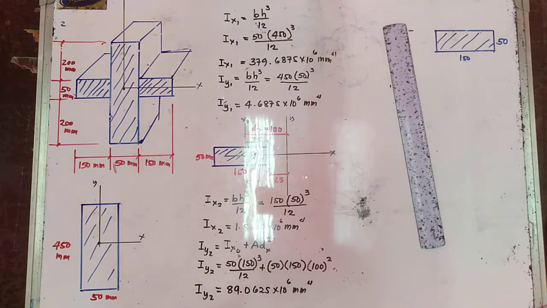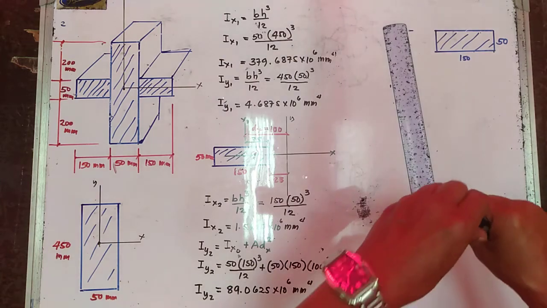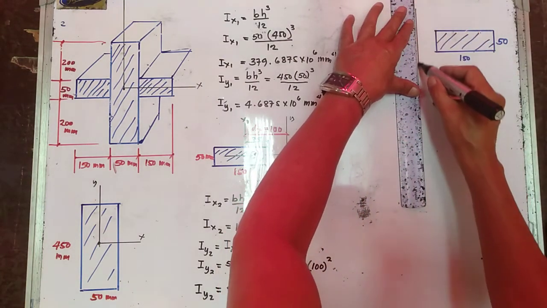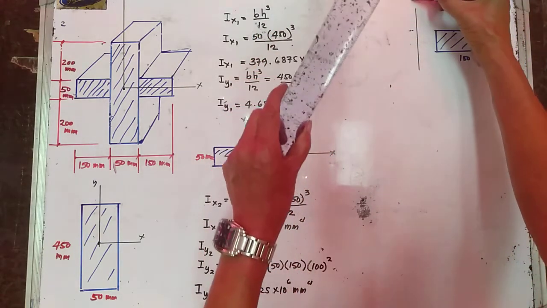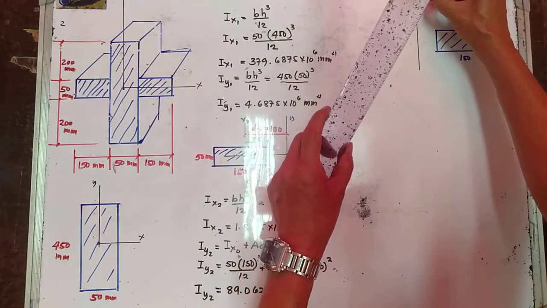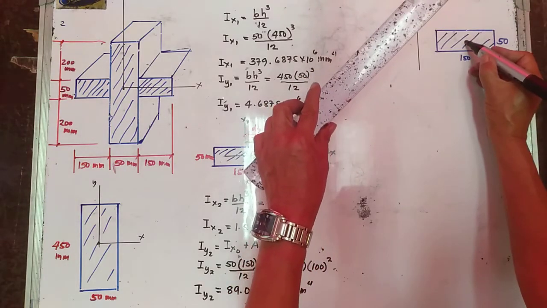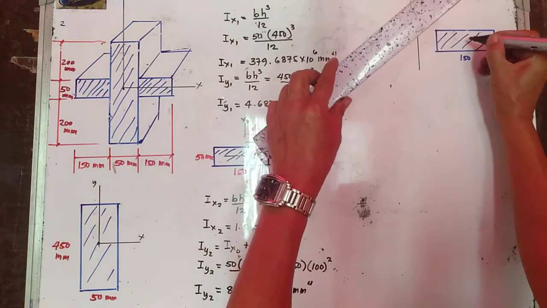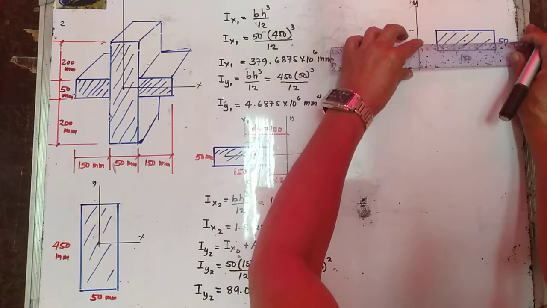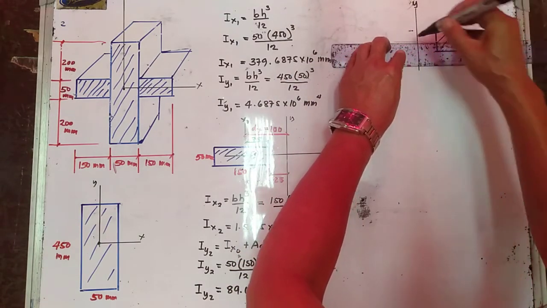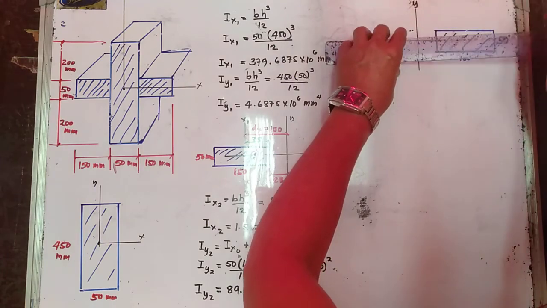Again, this is the location of the y-axis, and the x-axis passes through the centroid of this area.